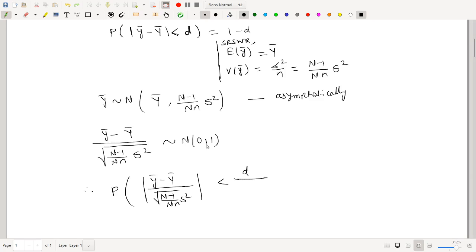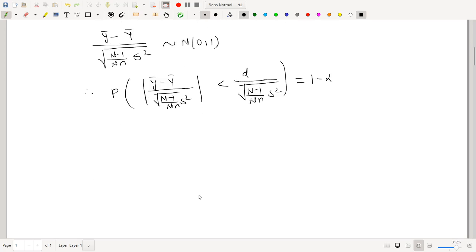So root of (n minus 1)/n S square is equal to 1 minus alpha. So this is your z, because we denote this standard normal variable by z.